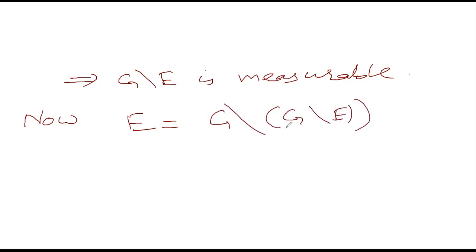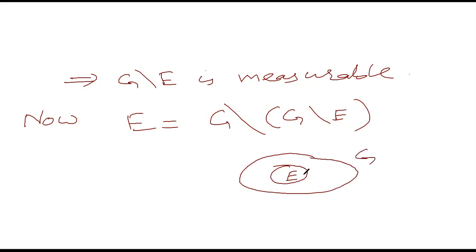You can see it here: E is a subset of G, this is your set E, and this is the set G. First you find G minus E, which is this set.